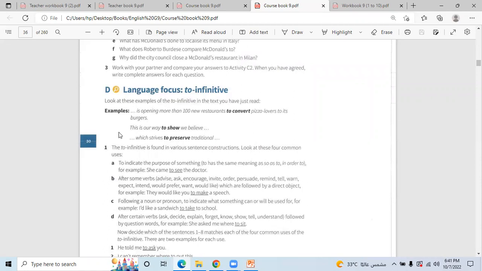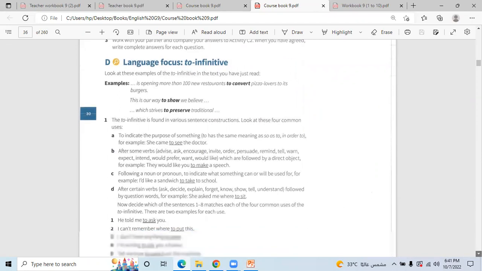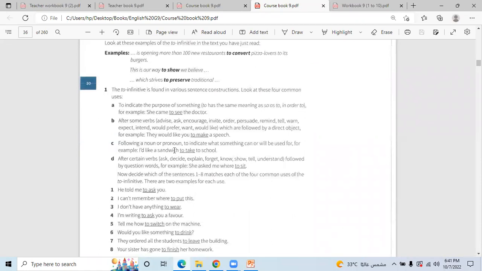This is our way to show we believe in which strives to preserve traditional. Okay, so then just take a look now. The to infinitive is found in various sentence constructions. Look at these 4 common uses. You can see here in all these sentences: to see, to make, to take, to sit.